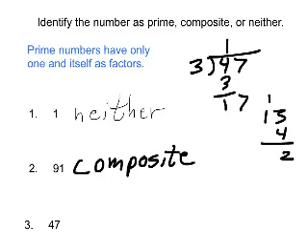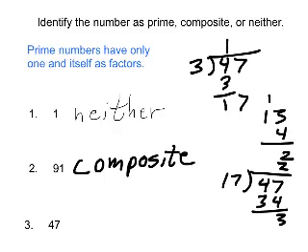How about 17? 17 into 47 goes about 2 times. 34. 13, no. 17 won't go. So, it's obviously a prime. There we have it.